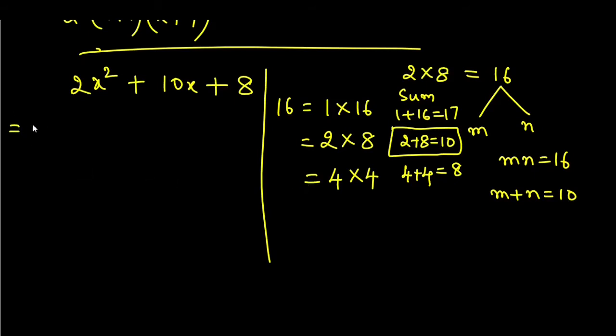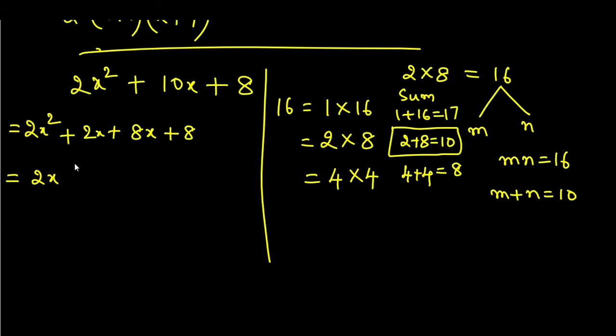So we can write this as 2x square. This 10x can be split into 2x plus 8x plus 8. Now we group these two terms and these two terms. From these two terms, 2 is a common factor and x is a common factor. So totally the HCF is 2x. The highest common factor is 2x.